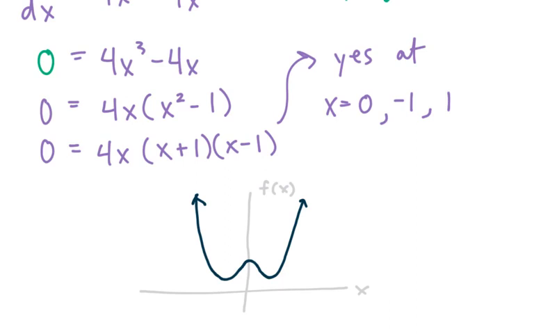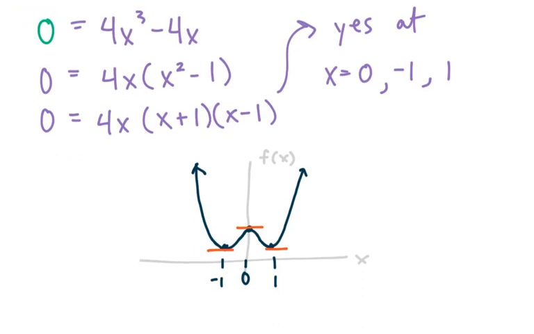And we would notice that these points are occurring at negative 1, right here, 1, and 0. So at all of those points, if I were to try and draw a tangent line, it would have a horizontal slope, rather a slope of 0.